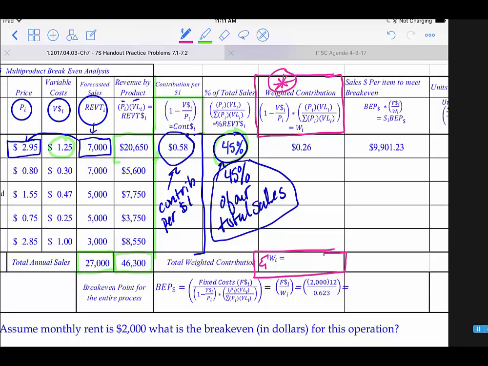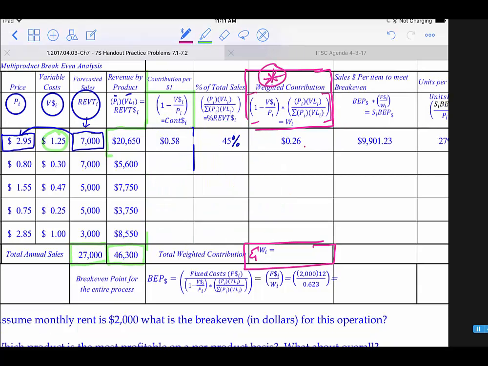Now here's the formula right here, and we're going to use that formula to calculate our numbers for this column. For the weighted contribution, we start out by taking what's located in this green column, because that's our first thing here. I need to change my pen color. I'm going to make it green.